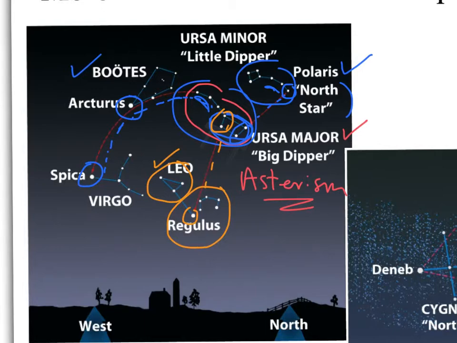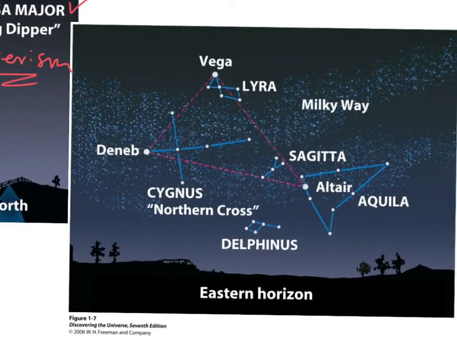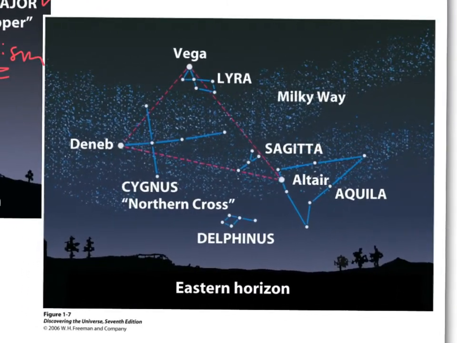Looking at the other figure over here, that dot, dot, dot in the background is actually the Milky Way. That is the plane of our galaxy. And it's almost poetic, but flying up the Milky Way is Cygnus the Swan, a group of stars called Cygnus the Swan.